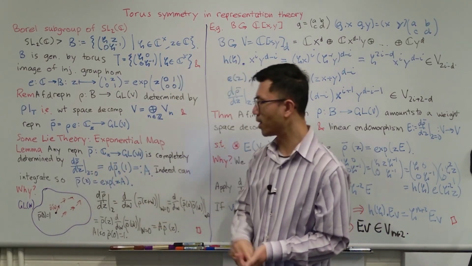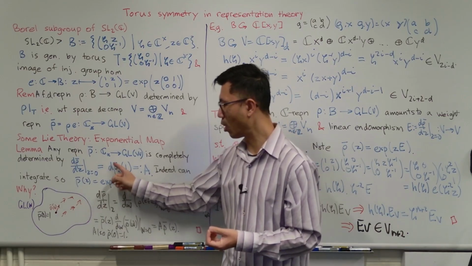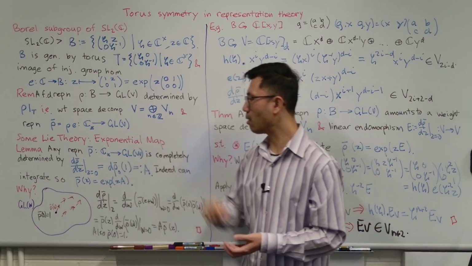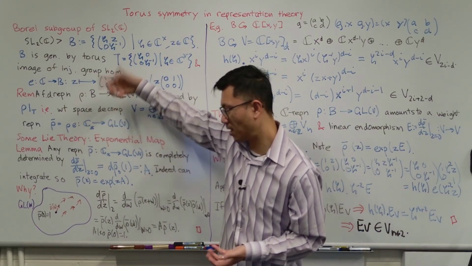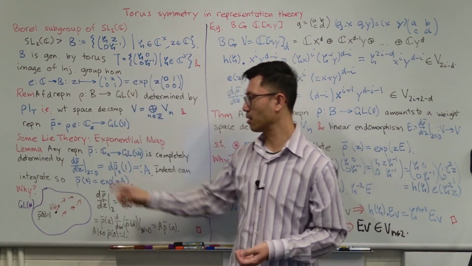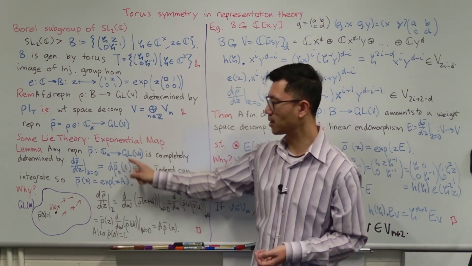Okay, so another way to write that, if you want to use more manifold language, is d rho bar, the differential here, at z equals 0, and you apply this to the tangent vector 1 inside here. So the tangent space of C, of course, is just C itself, so 1 is a tangent vector inside here. And when you apply it to 1, you're going to get a tangent vector inside GL(W).